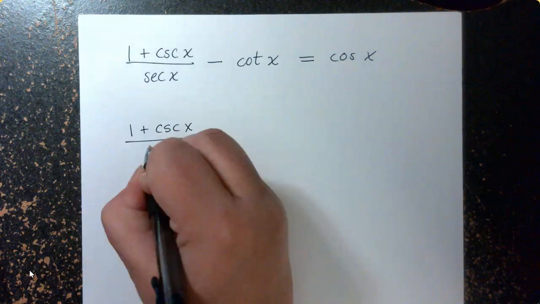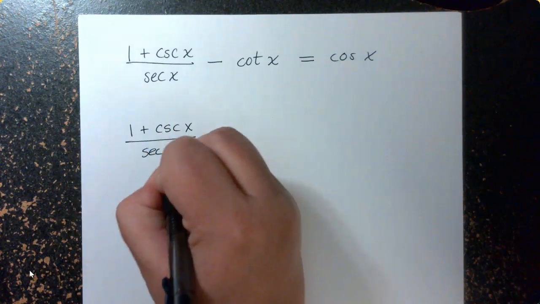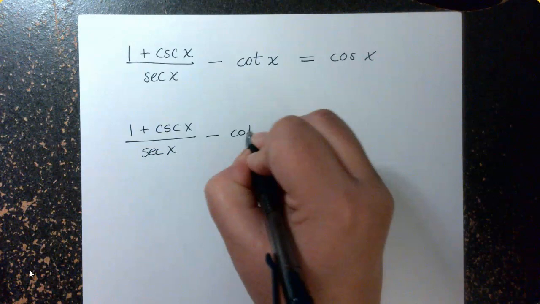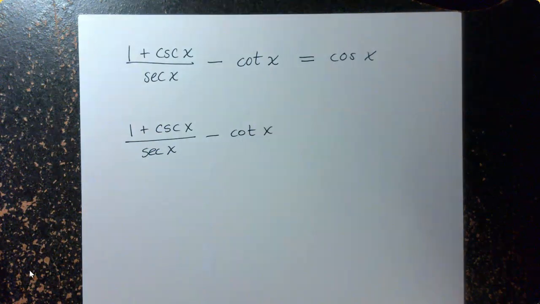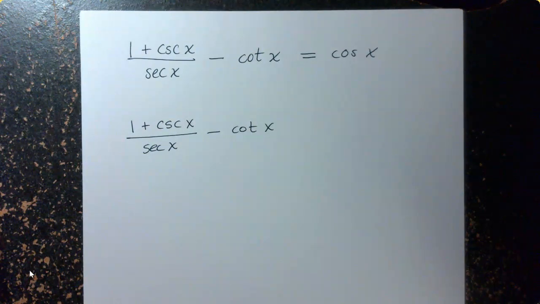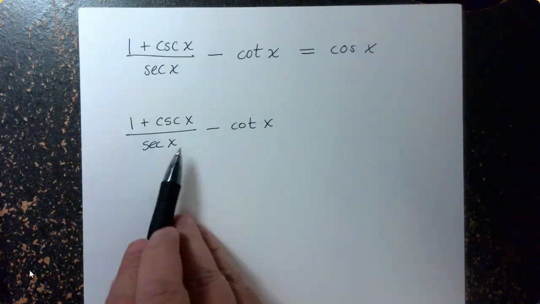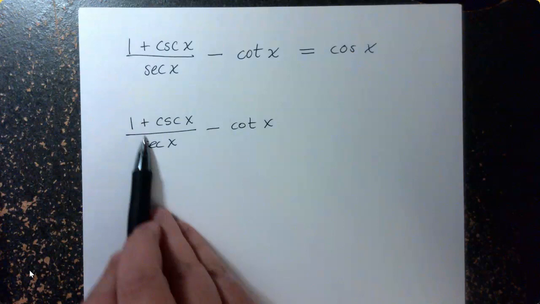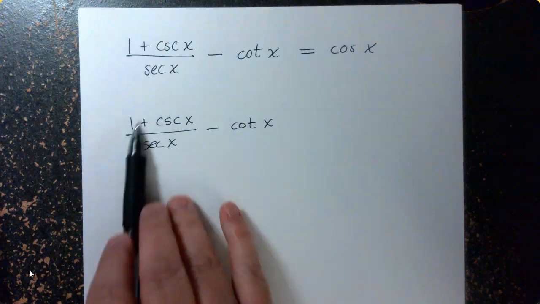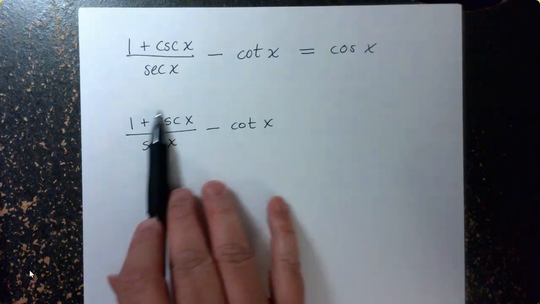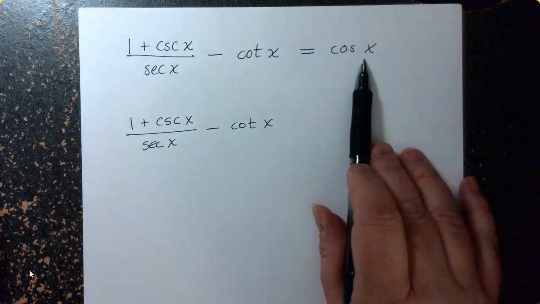You don't start by simplifying. You don't simplify before you rewrite it. Start out just with one of the sides rewritten so that you can show, hey, I'm going to start with this side. This is like my given information. Given that this is true, I'm going to show you that this is true.